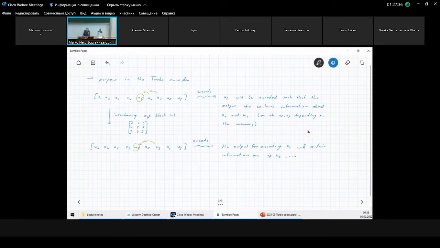So we have two statistically independent encoded versions of the same bit. So this is the point of using the interleaver here.